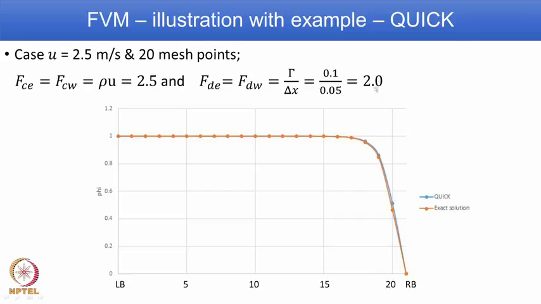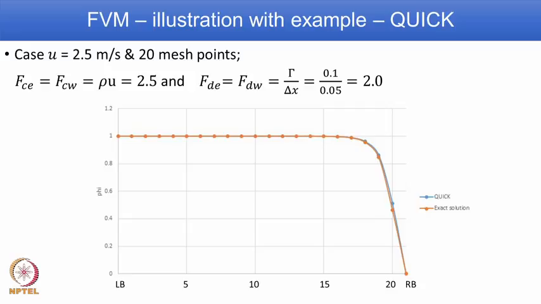So, diffusion is now 2.0, which is almost of the same order as convection. 2.0 is the diffusion flux and 2.5 is the convection flux. Now, you see the performance of the QUICK scheme for the same problem, the results obtained are better and very close to the exact solution.